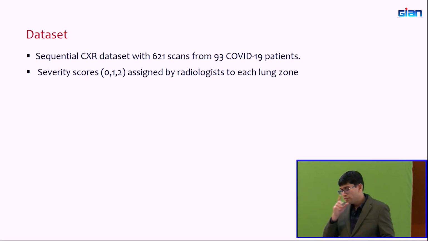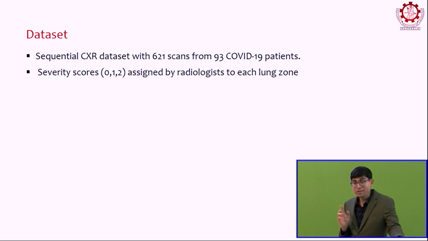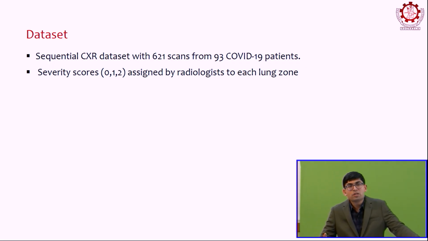These are not PNG images or JPEG images. With JPEG images, there's some sort of lossy compression going on, so you lose some intensity and pixel information. Now imagine a paper has been published, it's there on arXiv or on the web.